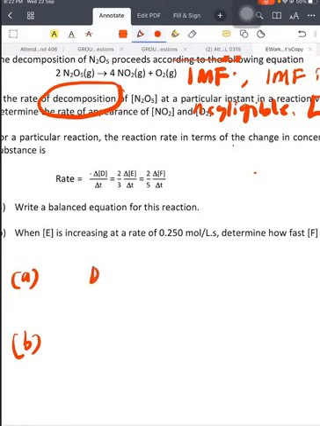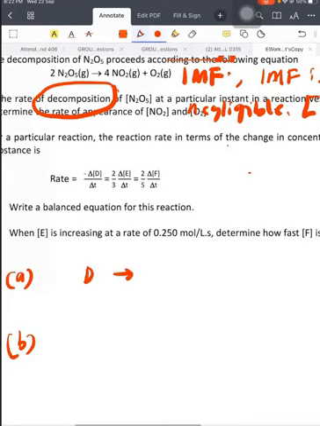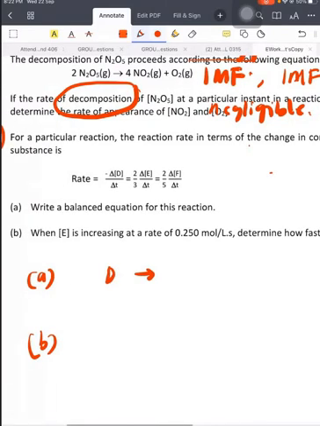Okay, and then producing how many moles of product E? 3 over 2. Remember, from the equation, when we write the rate expression, it is 1 over the mole or coefficient from the balanced chemical equation. So when we look at the rate expression, it comes from 1 over 1.